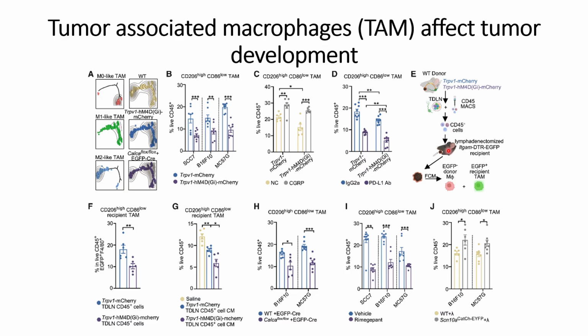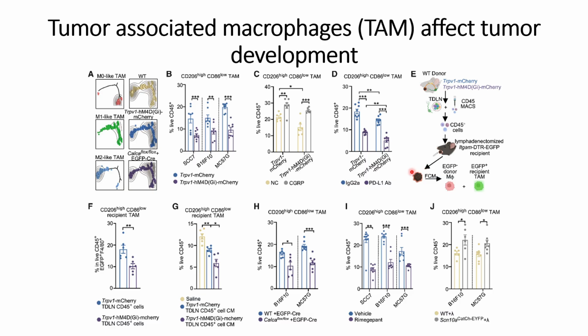And these immune cells are now injected into recipient mice that already have the I-type DTR EGFP, and in this case the TDLN has been removed. That is why they are lymphadenectomized. And at the same time, this ITGM will also prevent these myeloid cells. And so in this case, the macrophages that are formed are EGFP positive.